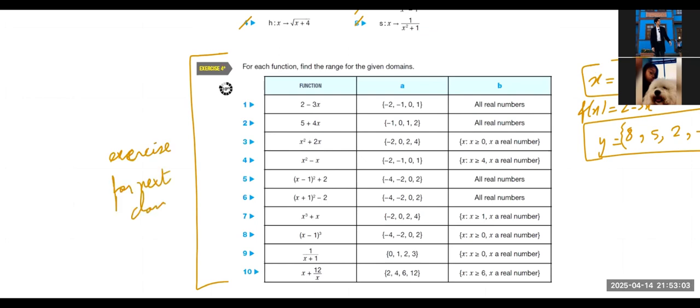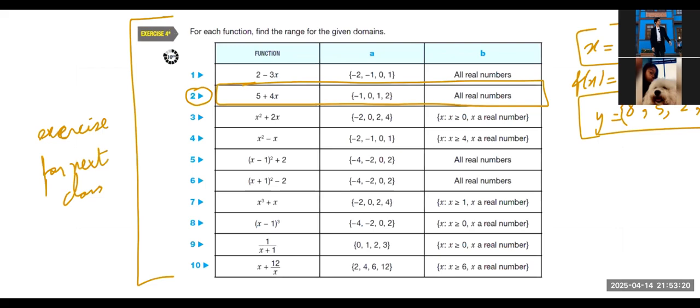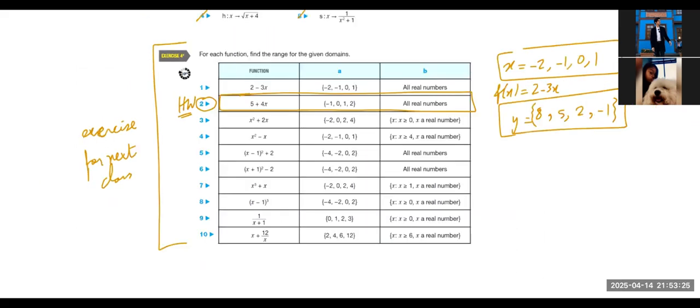But if you want to try, for example, you can try to do this one. So like this whole thing. You want to find the range for this case and for this case, okay? And that's basically it. That's all I want you to do.